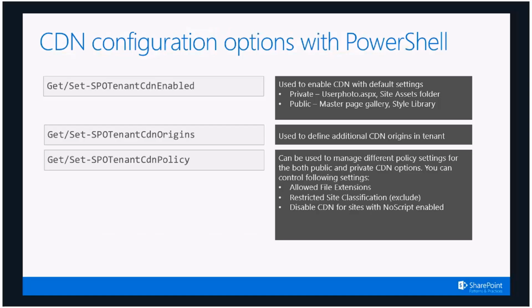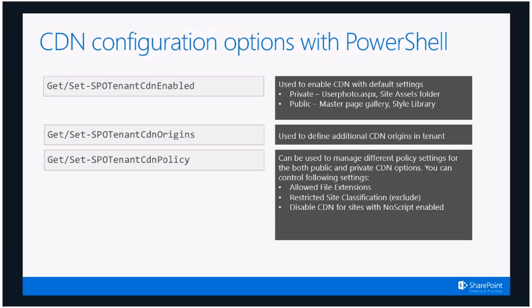And then there are additional CDN tenant policy settings. You're able to filter down on allowed file extensions. So if you don't want images to be replicated on the CDN, but JavaScript and CSS files are fine, you can filter that.